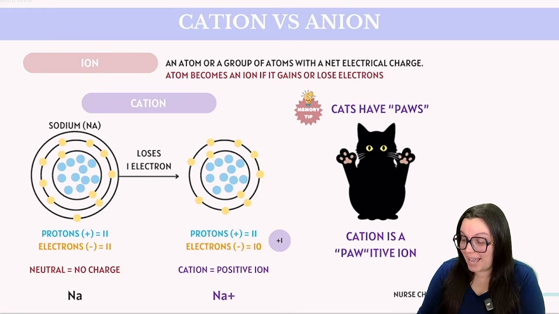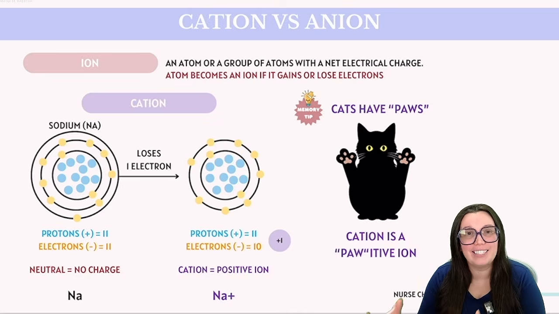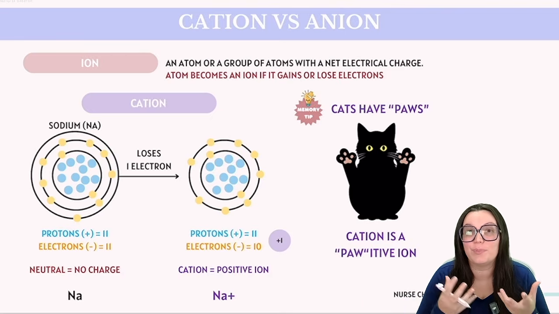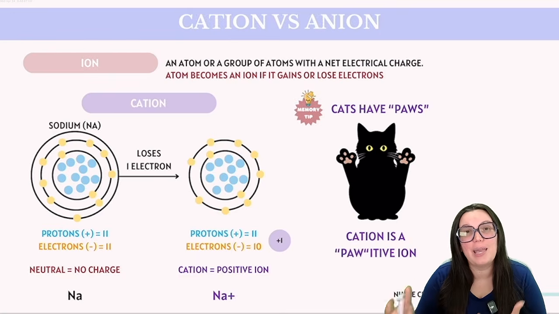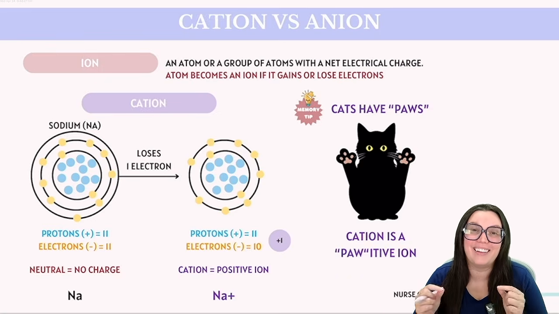So if an atom gains an extra electron, it's going to become more negatively charged than positive, becoming a negatively charged ion. Conversely, if it loses electrons, it will have a more positive charge due to the excess protons, thus becoming a more positively charged ion. This imbalance in the number of protons and electrons results in the atom becoming an ion.